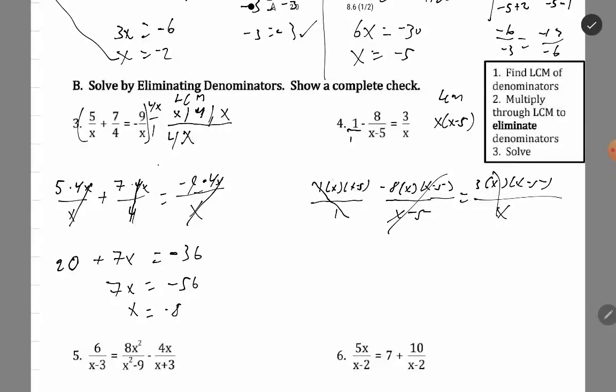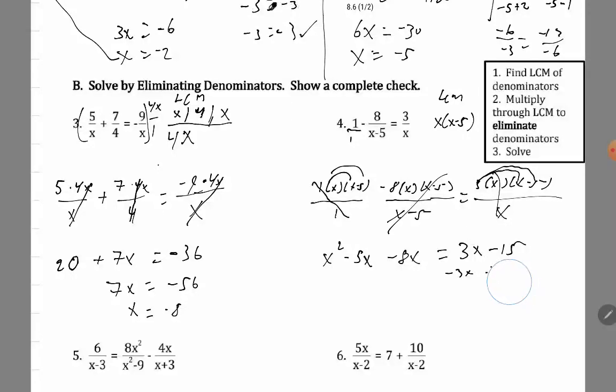So I'm left with x squared minus 5x minus 8x, because the x minus 5s are gone. And then this is 3 times x, 3 times negative 5, so equals 3x minus 15. So this is looking like it's going to be a quadratic equation, so I'm going to move everything to the left side.